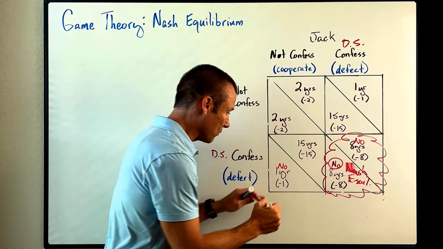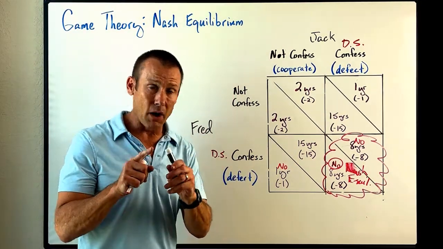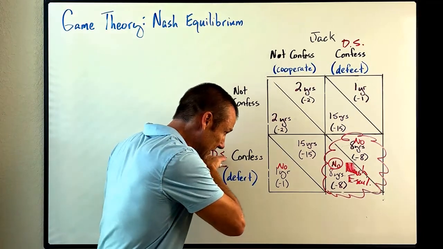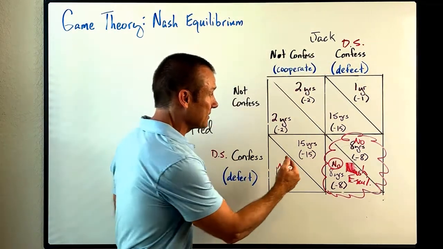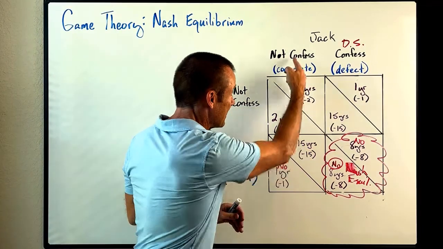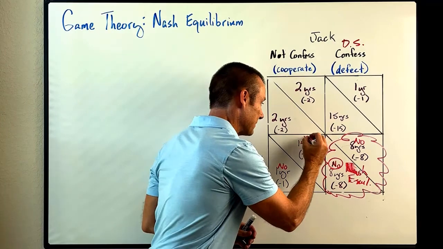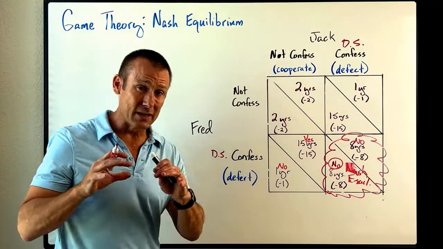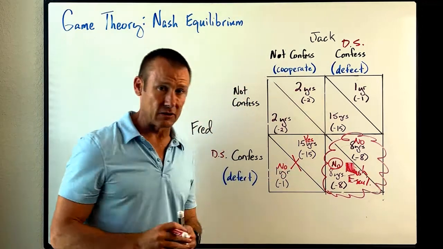No, he does not. 1 year to 2 year. No, so maybe it is a Nash equilibrium. But given that Fred played confess to get to this outcome, does Jack have an incentive to switch from not confess to confess? Yes, he does. Again, if you get a single yes, it is not a Nash equilibrium.